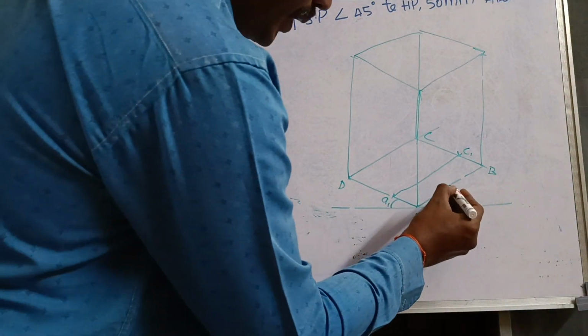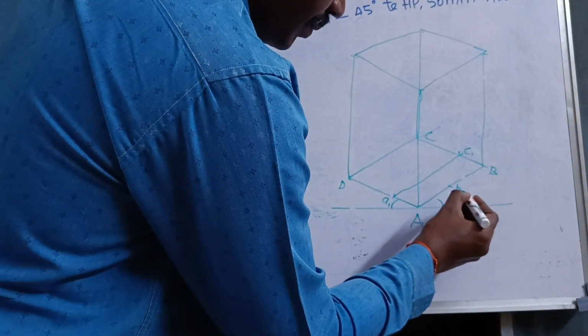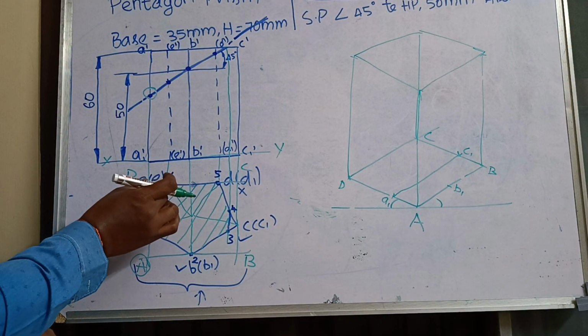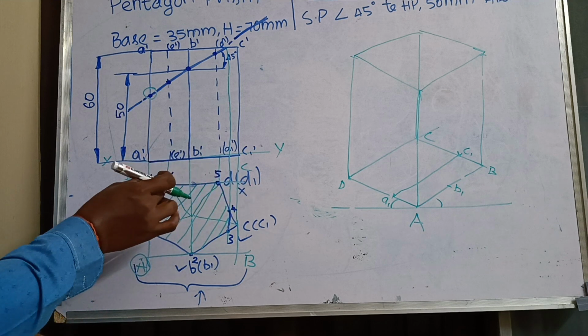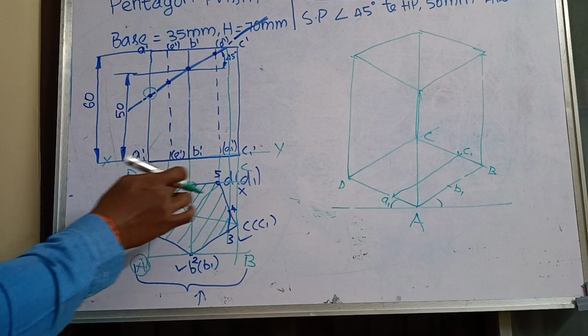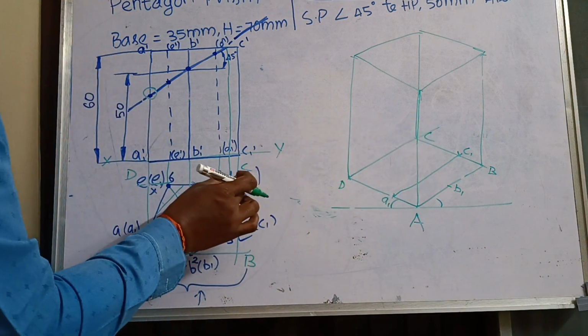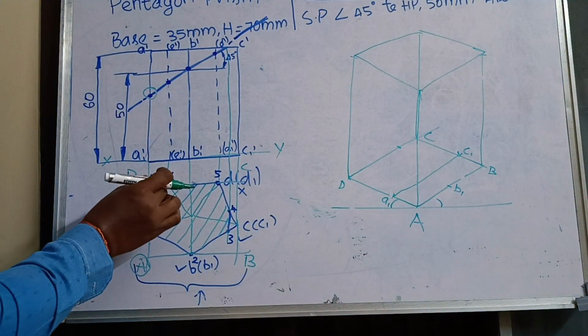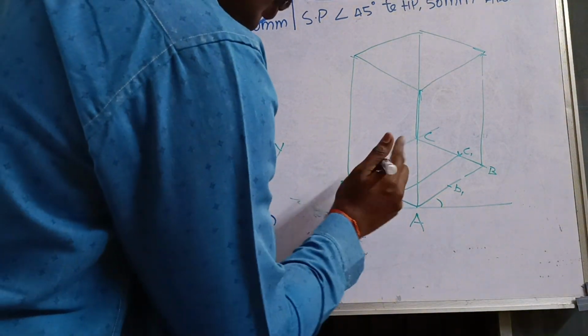B1 is the midpoint of AB. Then you mark 6 points from the D point. The C5 and 6 points are available on the CD sides. So C to 5, you mark here, and similarly the same dimensions you mark here.